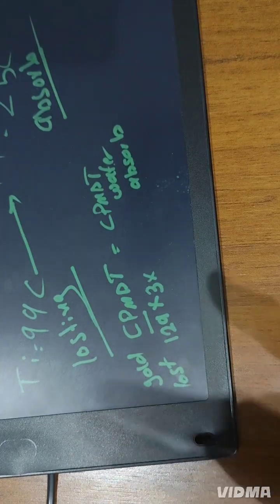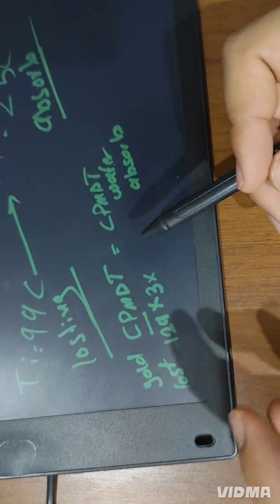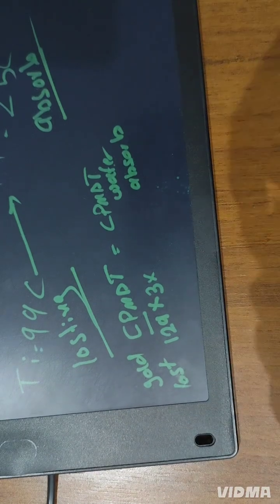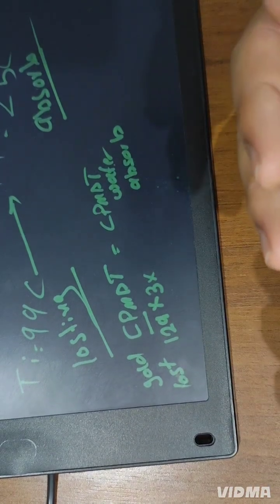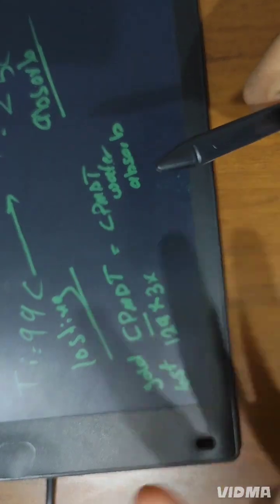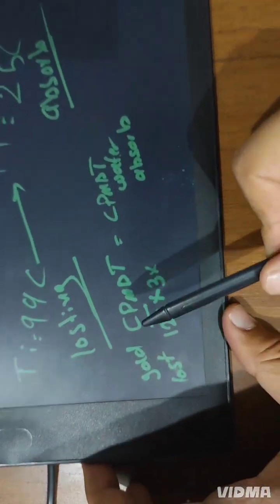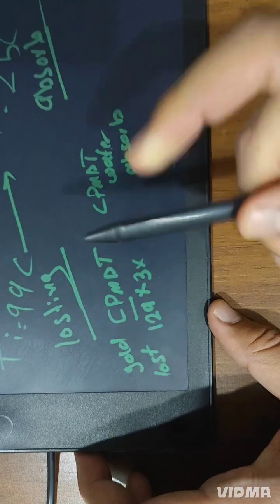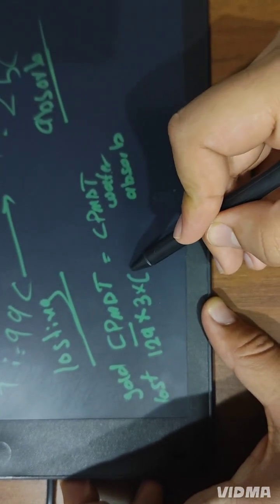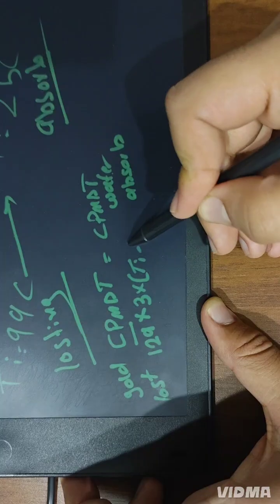Look, I forgot to tell you one thing. If one of the substances is absorbing, we have to say Tf minus Ti. But if it is losing, we have to write Ti minus Tf. Because in here we have gold, and gold is losing, so instead of writing delta T, we are going to write Ti minus Tf.